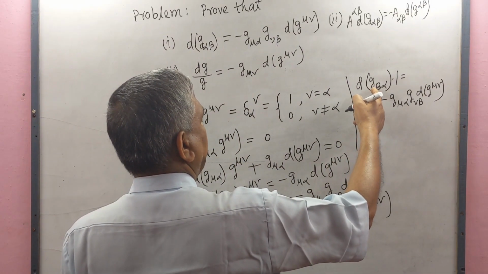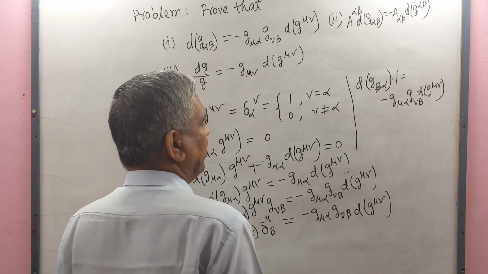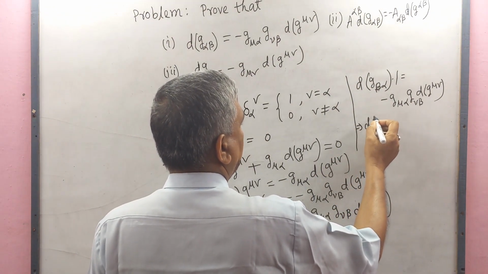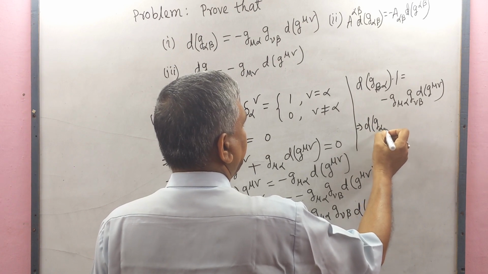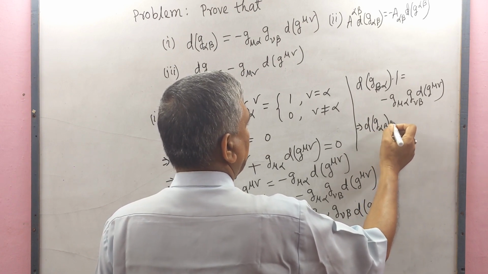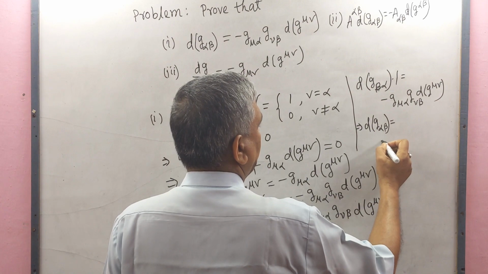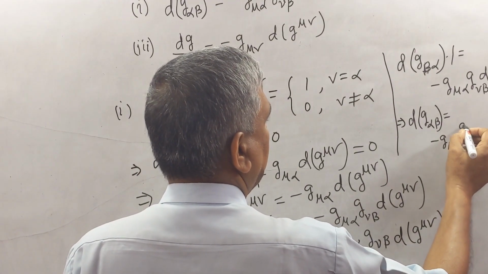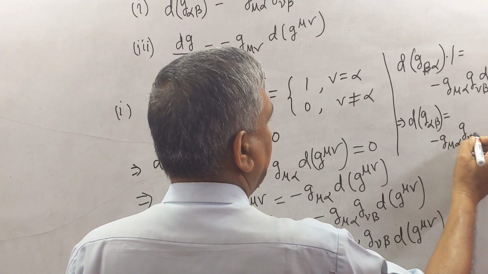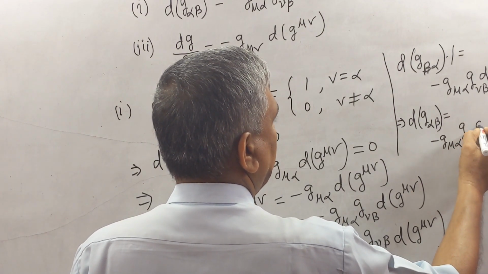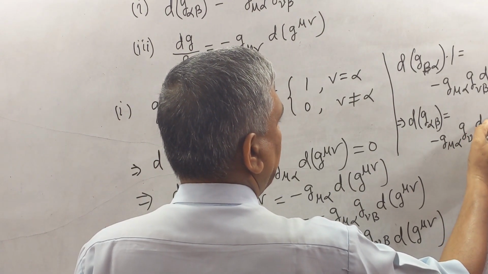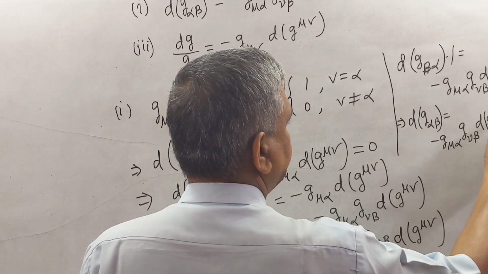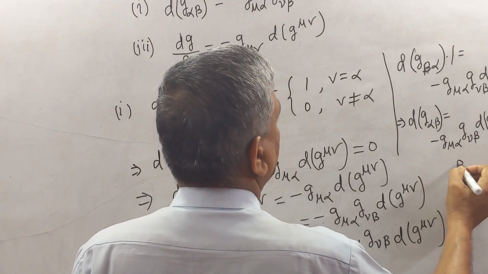As g beta alpha is symmetric, so we may write d g alpha beta equal to minus g mu alpha g nu beta d g mu nu. Proved.